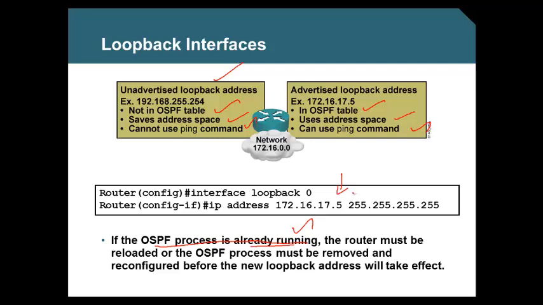What needs to be done for the new router ID to be taken into consideration is that you must restart the OSPF process, either by typing the command clear IP OSPF process, or by reloading the router, or by removing the OSPF and configuring the OSPF again. Only then it will take effect.